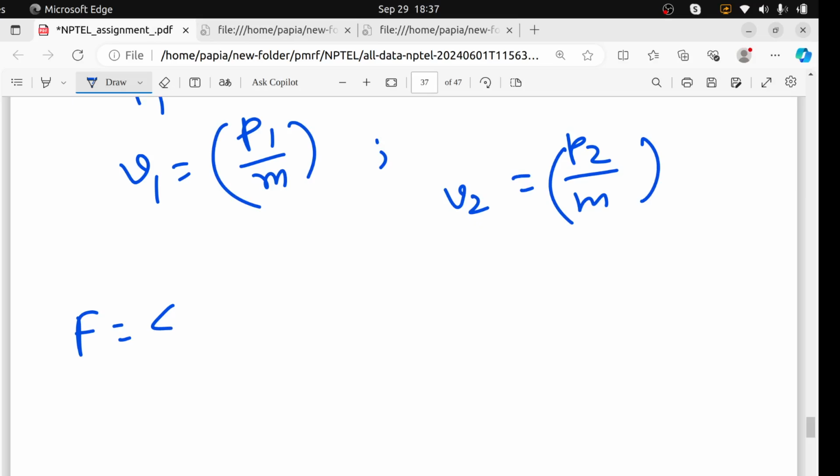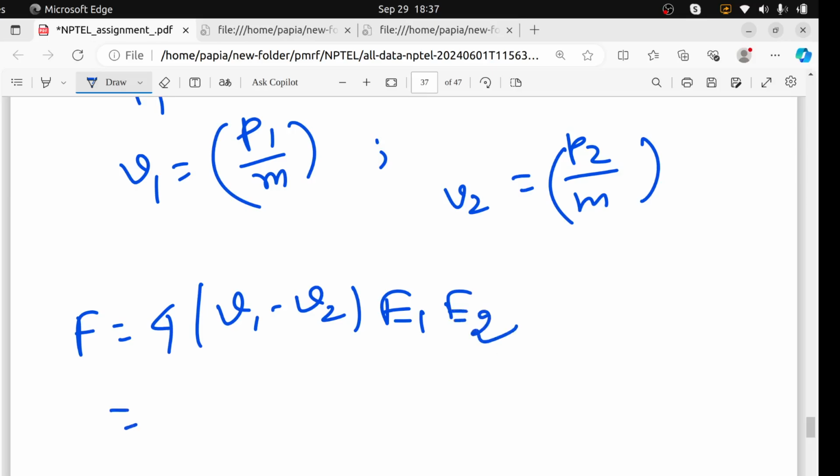Now flux was 4 (V1 minus V2) E1 E2. Now we know all these terms, like what is V1 and what is V2. So V1 is P1 by M minus V2, actually let me write here M1, M2.